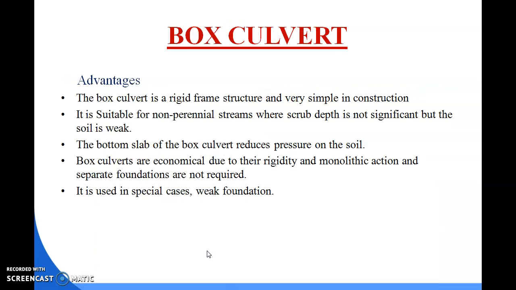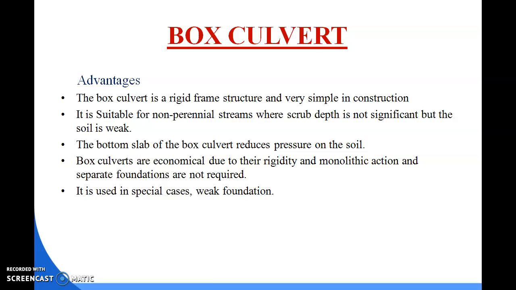And what are the advantages of a box culvert? The box culvert is a rigid frame structure and very simple in construction, and it suits a non-perennial stream where scour depth is not significant but the soil is weak. The bottom slab of the box culvert reduces the pressure on the soil because it is constructed of concrete, and these structures are rigid.